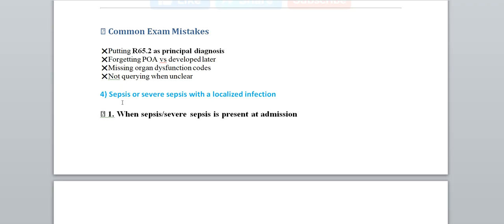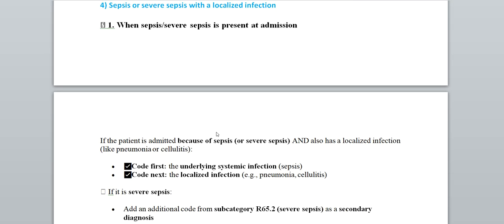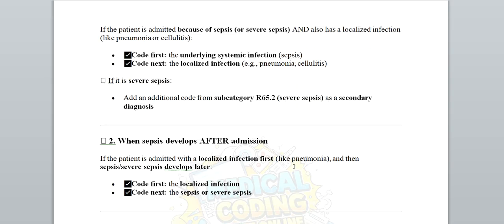So, sepsis or severe sepsis with localized infection. When sepsis or severe sepsis is present at admission, if the patient is admitted because of sepsis or severe sepsis and also has a localized infection like pneumonia or cellulitis, code first the underlying systemic infection, sepsis. Code next the localized infection, for example pneumonia or cellulitis.